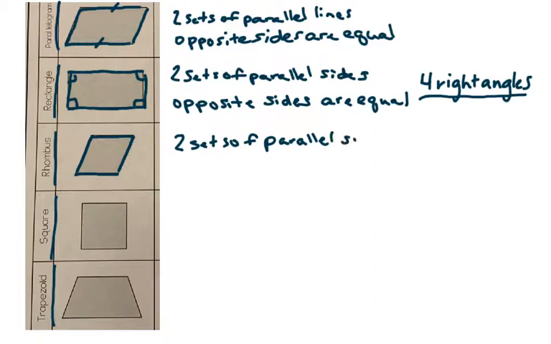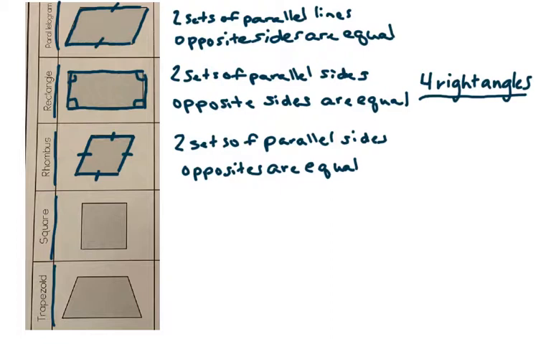Now let's check if opposite sides are equal. Is this side equal to this side? Yes. Is this side equal to this side? Yes. So yes, opposite sides are equal. So guess what? It is a parallelogram.